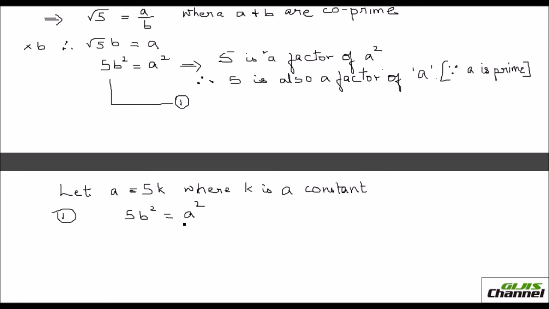So in the place of a, I substitute this 5k. So we get 5b square is equal to, we just now said a is 5k, so in the place of a, I put 5k, the whole square. 5b square is equal to 25k square, right?